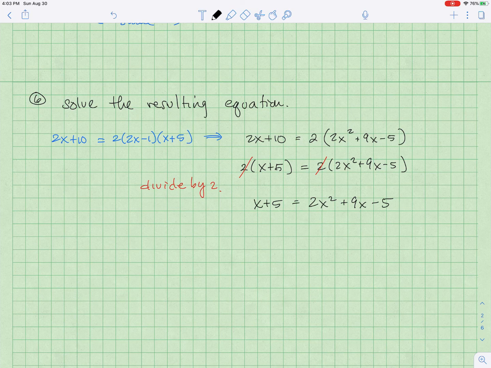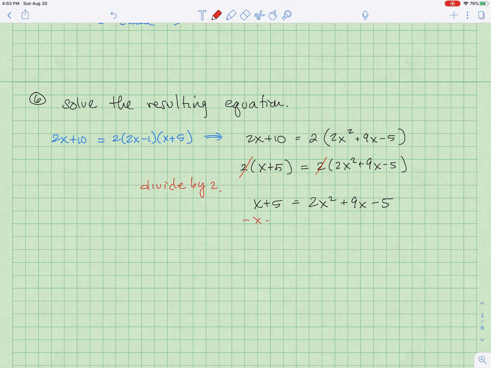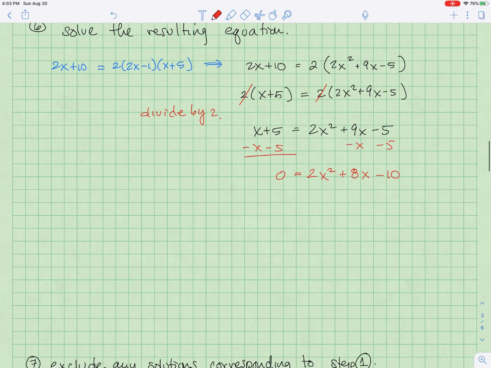And so we will subtract 5 from both sides, and subtract x from both sides, so negative x minus 5, negative x minus 5. On the left side we'll have 0. On the right side we'll have 2x squared plus 8x minus 10. Looks like there's another factor of 2 that we can pull out of there. Factoring this further, we have 0 is equal to 2 times x squared plus 4x minus 5.